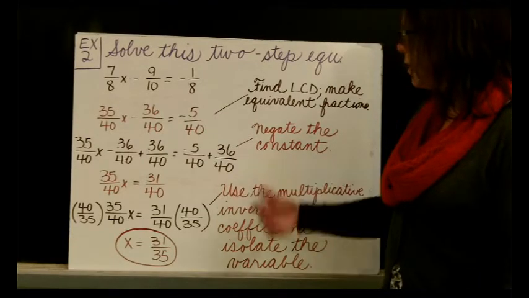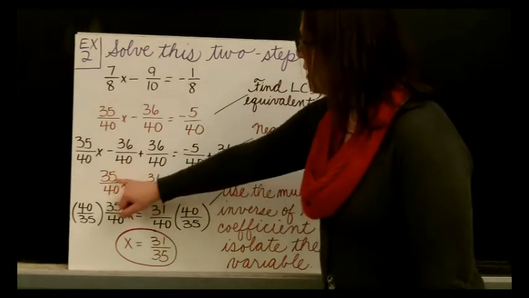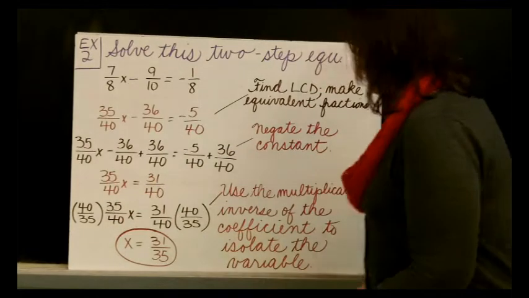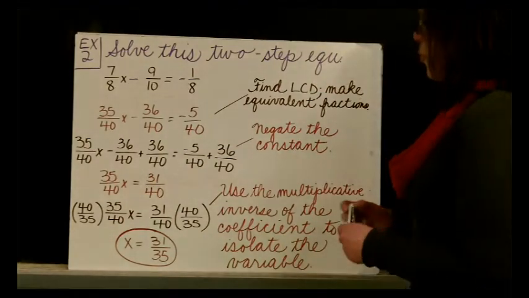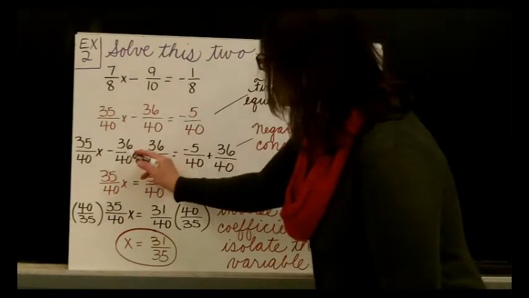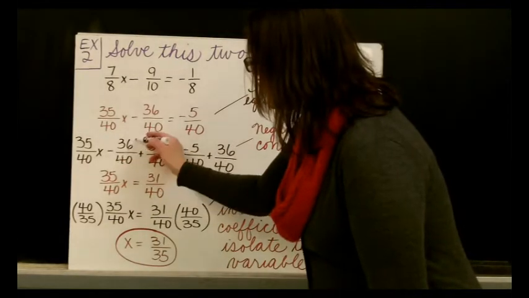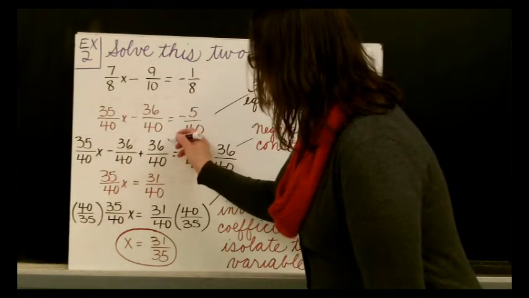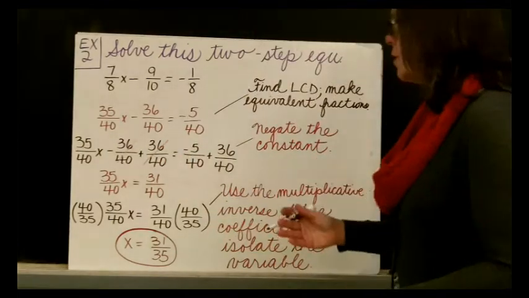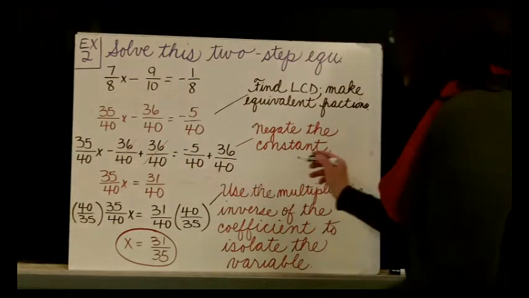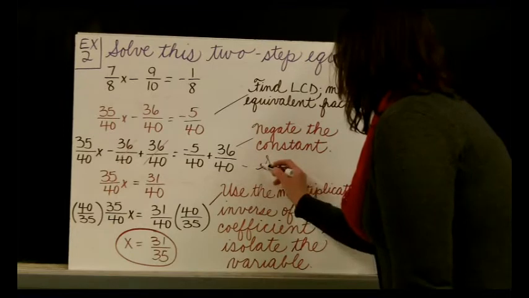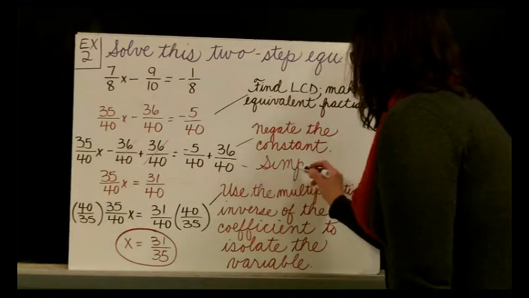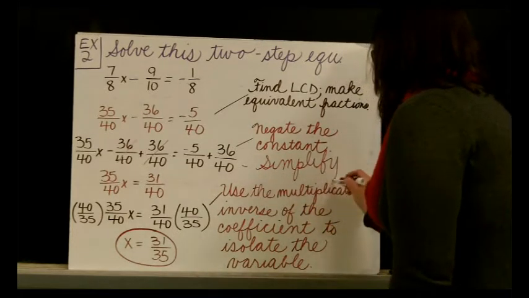After you do that, you simplify, and we end up with 35/40 x equals 31/40, because here, this -36/40 and the +36/40 together make 0. So I'm going to add the step simplify right here.